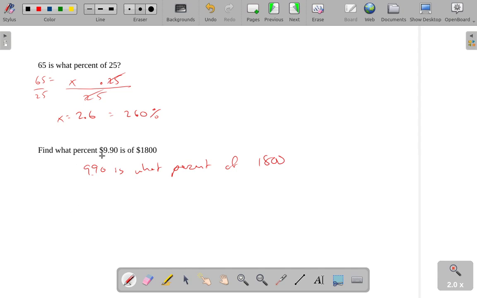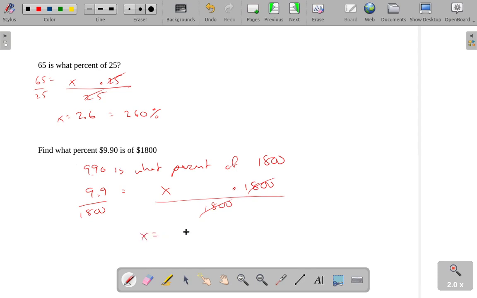So $9.90 is, just rephrasing this so that it can be intelligible, we get 9.9 equals some number times 1800. And you can see we need to divide both sides by 1800 here so that those cancel out.